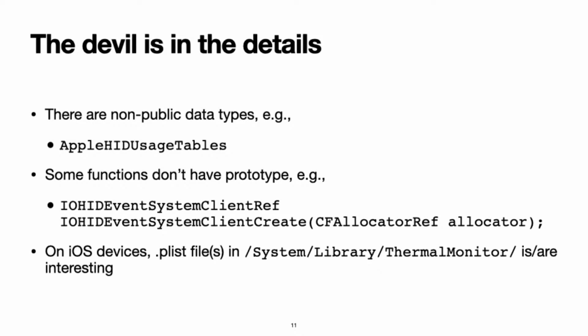And the IOHIDEventSystemClientCreate function, which I learned from the iPhone DEV wiki, is not a public one, so there is no function prototype for it in standard IOKit headers. Finally, I also found that on iOS devices, the plist files in system library thermal monitor are interesting.